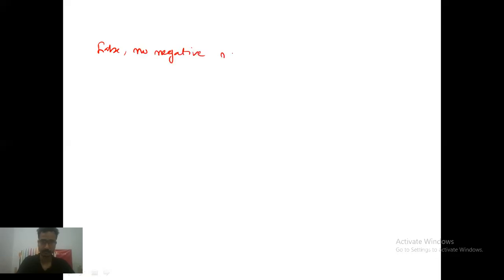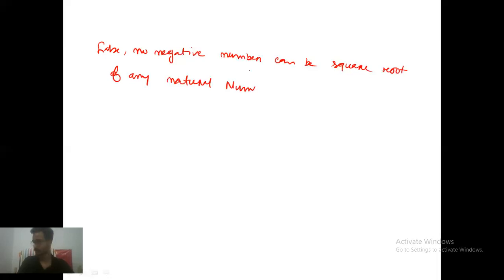Write down: no negative number can be square root of any natural number. Yes or no? Now see, no negative number can be square root of any natural number.